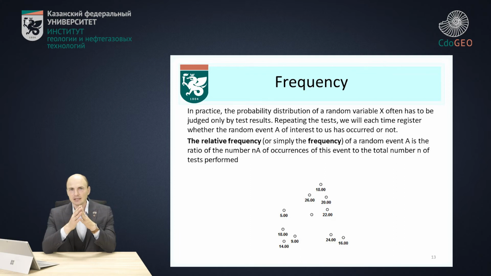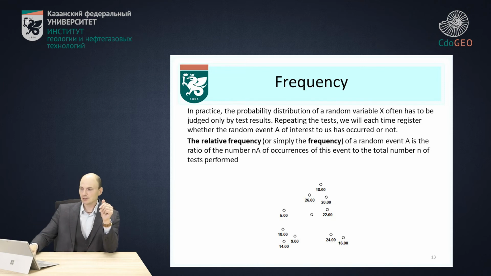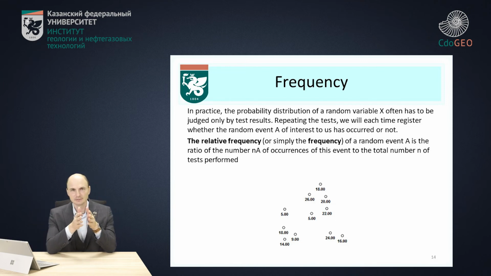For example, if on your field you got 10 wells and you drill a new well, and in this new well you obtain porosity less than 10%, that means now you change your statistics. It was 0.2 to 0.8, but it became 0.3 to 0.7.